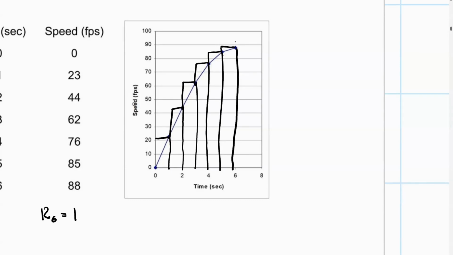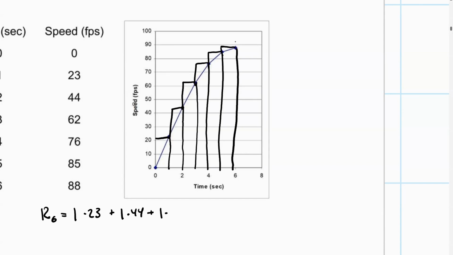The first rectangle is 1 second wide and 23 feet per second tall. My second rectangle is 1 second wide and 44 feet per second tall.